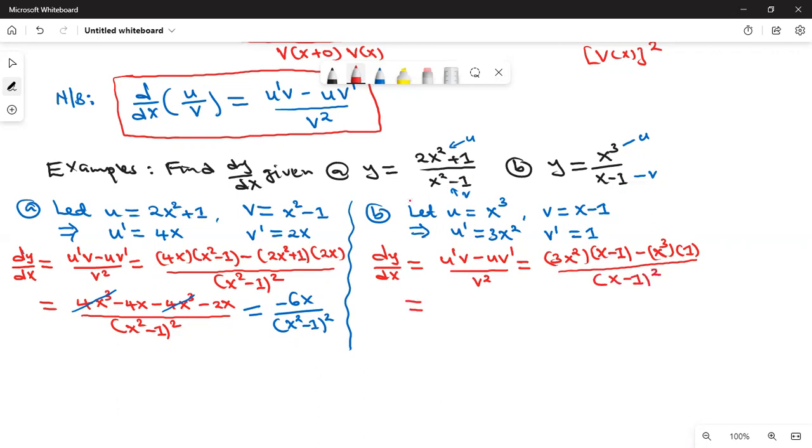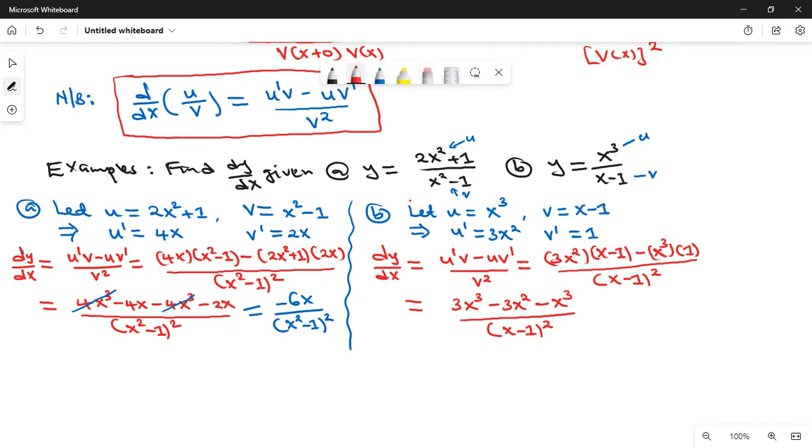So when you open the bracket in the numerator, we get 3x cubed minus 3x squared, then minus x cubed. This should be divided by x minus 1 squared.